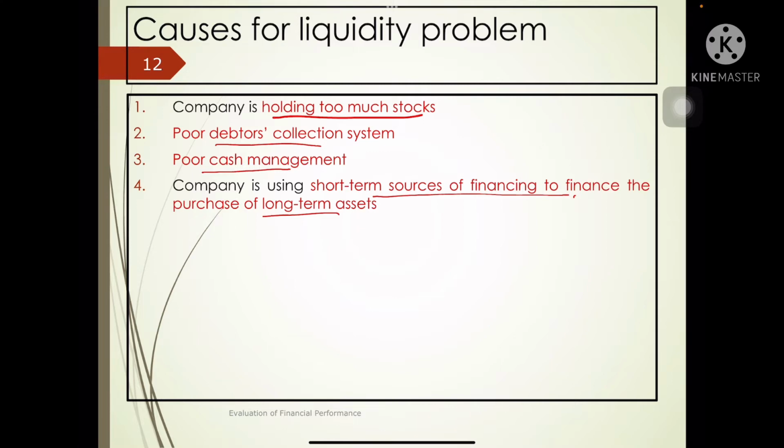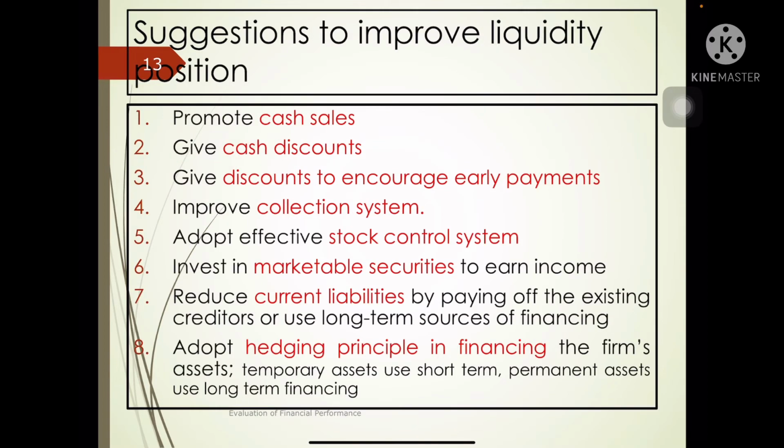For example, they borrow money for a short term from the bank in order to pay for a building. A building is normally financed with long-term financing, but here they use short-term financing to pay for the long-term asset.